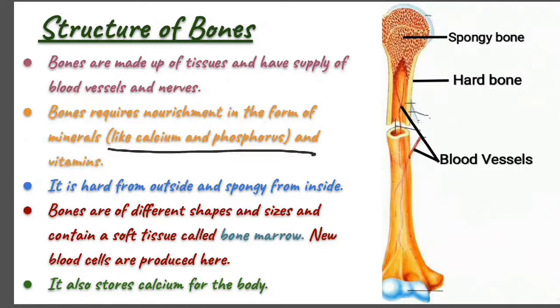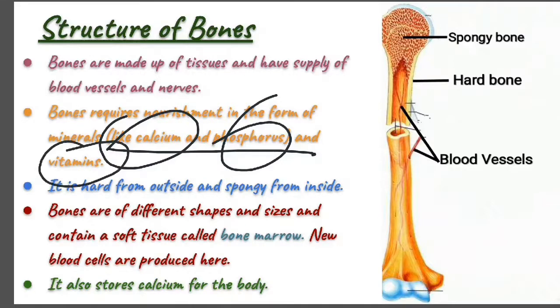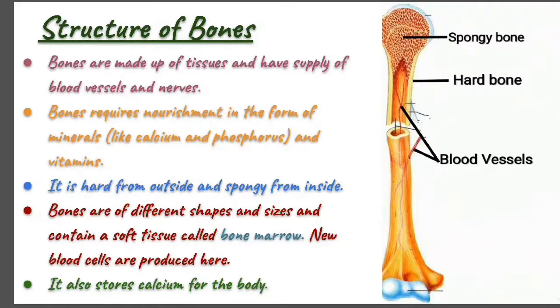These are the minerals and vitamins required for our bones. So these are the nourishment. Just as nutrients are important to stay healthy, bones also require certain things to stay healthy and function properly.